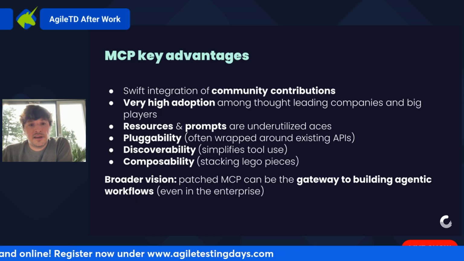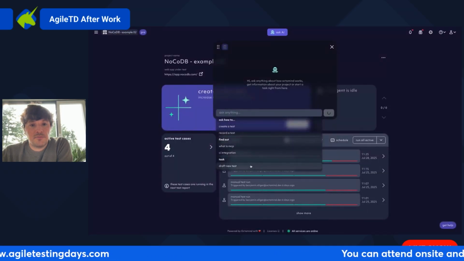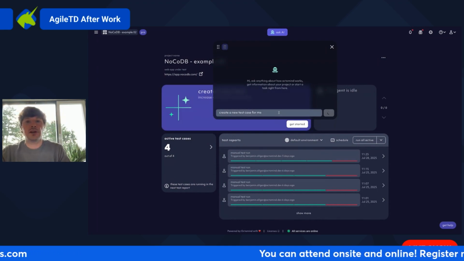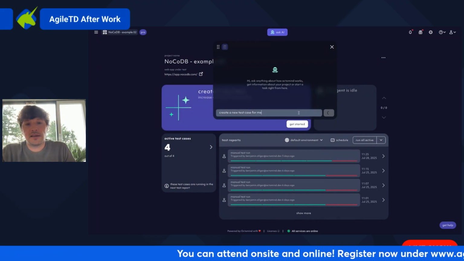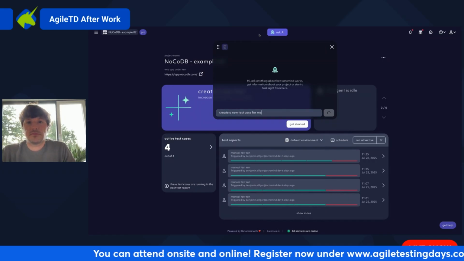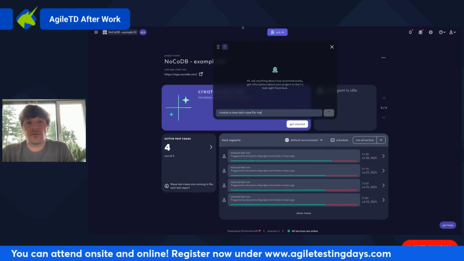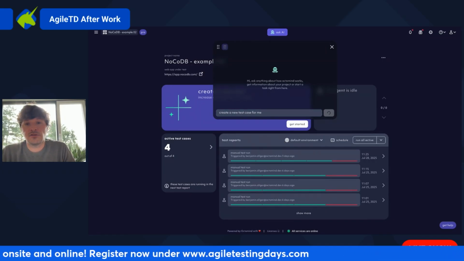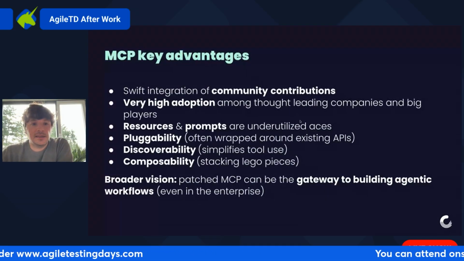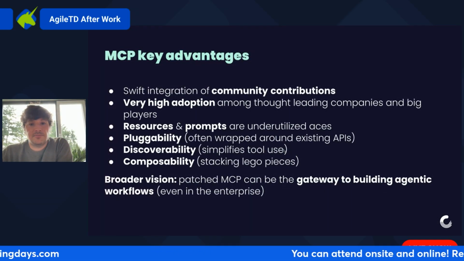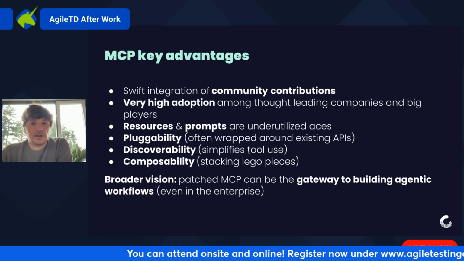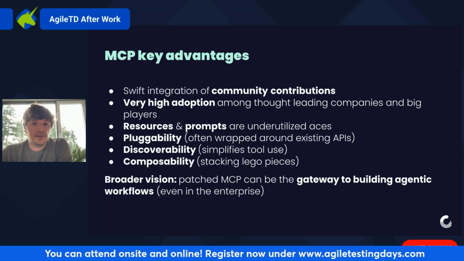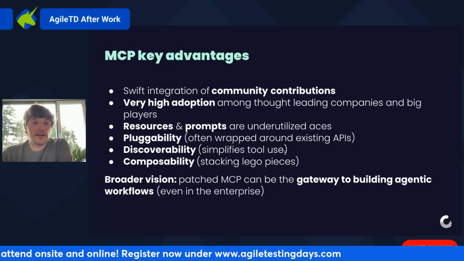So the agent that I just showed you, you can basically ask it to create a new test case for me, so it can execute. It's aware of what it knows, what it can do, and what it cannot do. So that's very handy. And it basically is a wrapper around your tool chain and simplifies using those tools.